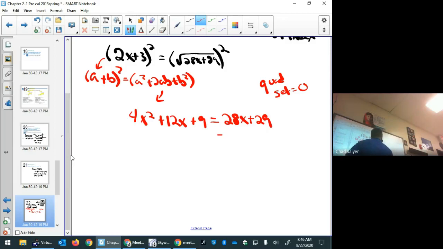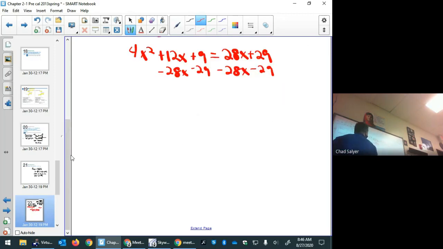So subtract away 28x. We're trying to get to 0. And I need to subtract 29. So I have 4x squared, and then 12x minus 28x is negative 16x. And then 9 minus 29 is minus 20. And I can actually factor away. I can divide both sides by 4 here.